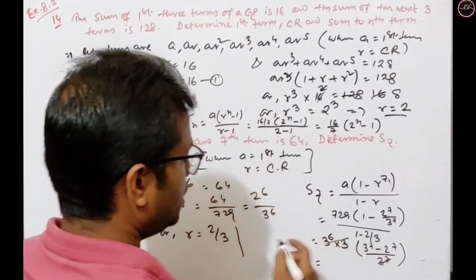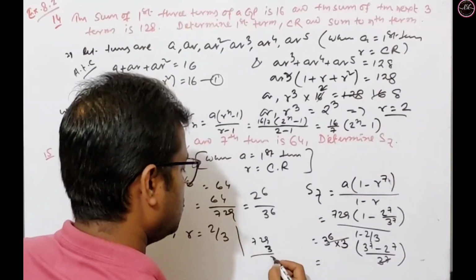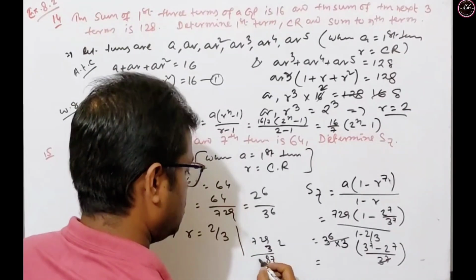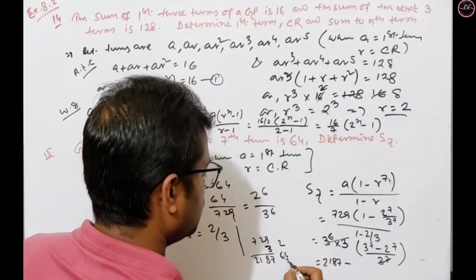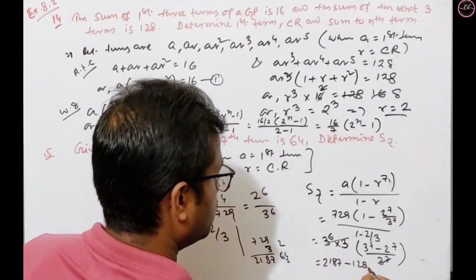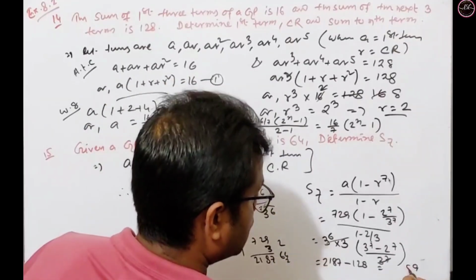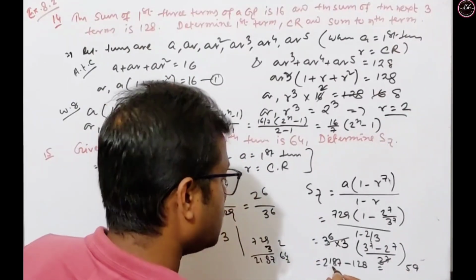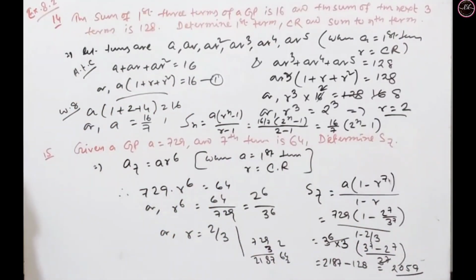So we have 3 to the power 7 equal to 7 to 9 into 3. So 2187 minus 64 into 2, that means 128. So it will be 2059.